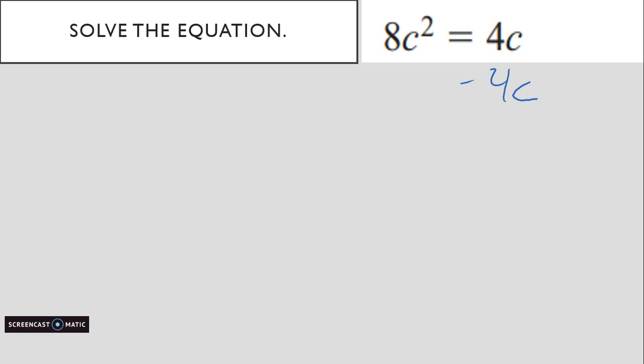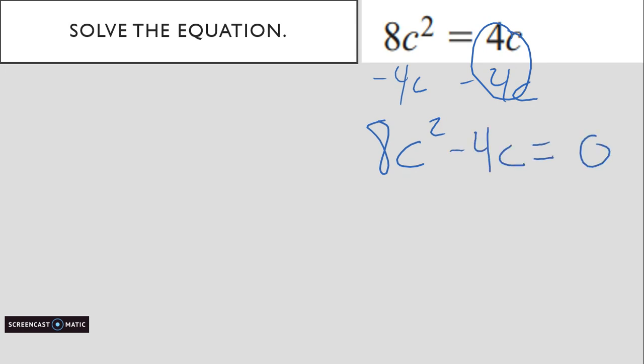Whatever we do on one side of an equation, we can do on the other, so I'm subtracting 4c on both sides to get 0. Now we've got 8c squared minus 4c equals 0, and from there everything's going to be the same.